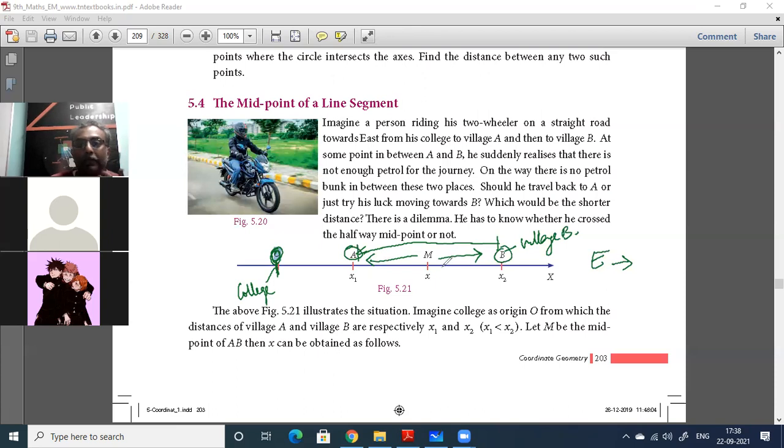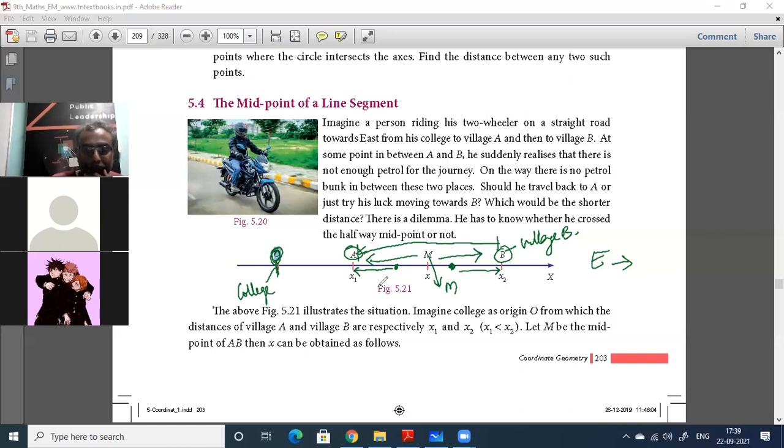Which will be the shorter distance? He has to know whether he has gone beyond the midpoint. So let us assume M is the midpoint. If he has gone beyond the midpoint, then what should he do? He should go to village B. If he has not gone beyond the midpoint, if he's within the midpoint, then he should go to village A, the shorter distance.